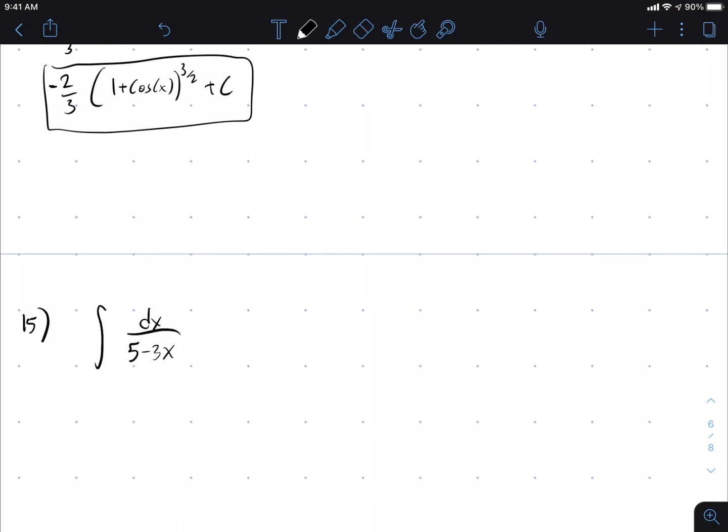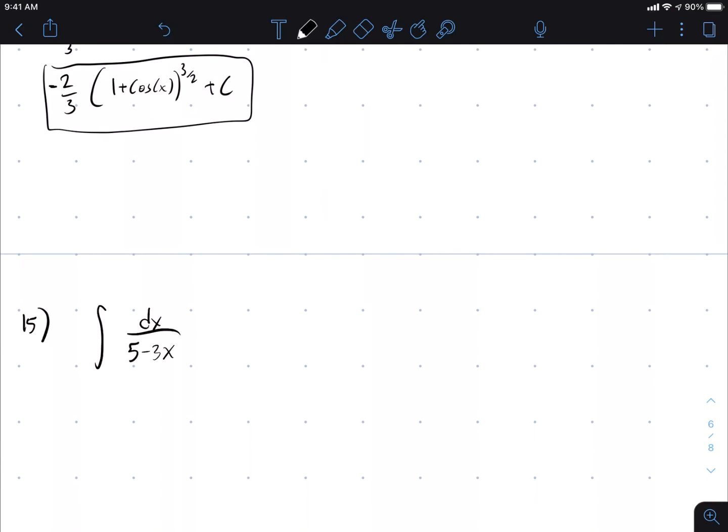It's one of the simplest techniques for integration that you'll use. So it's very important. Look at this problem here. I don't know how to do this problem without doing a u sub to it.